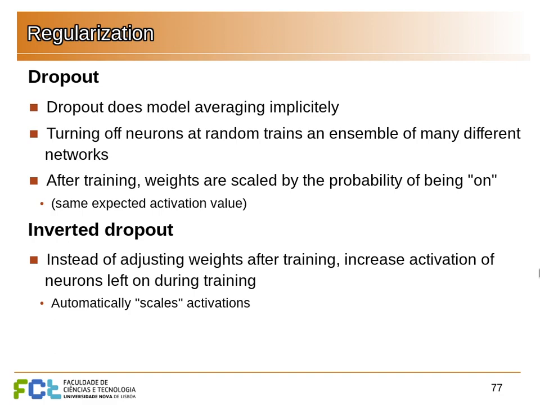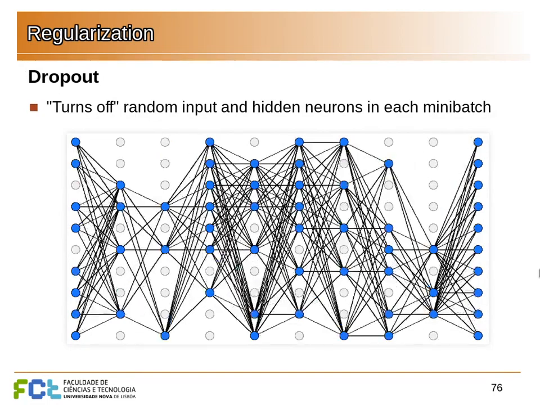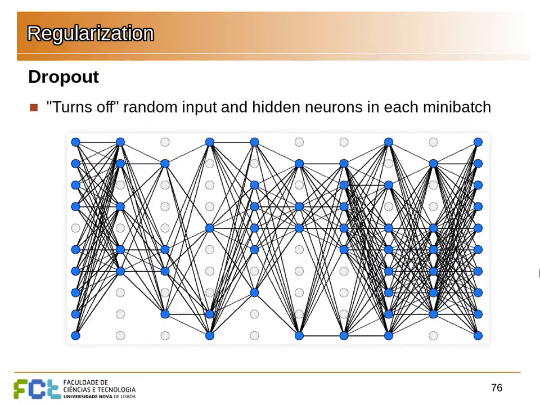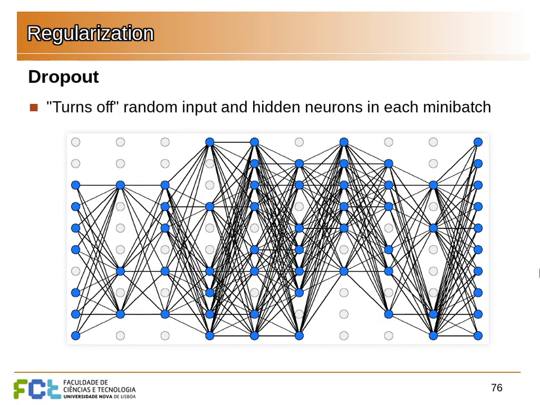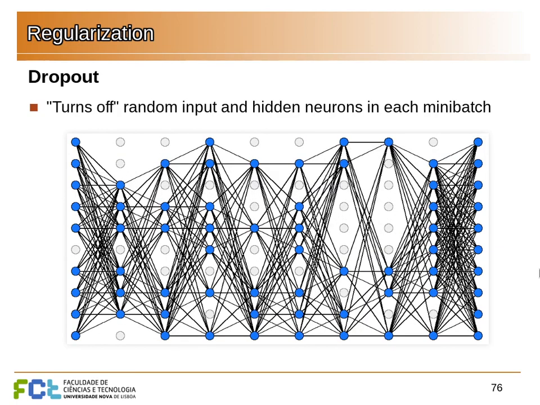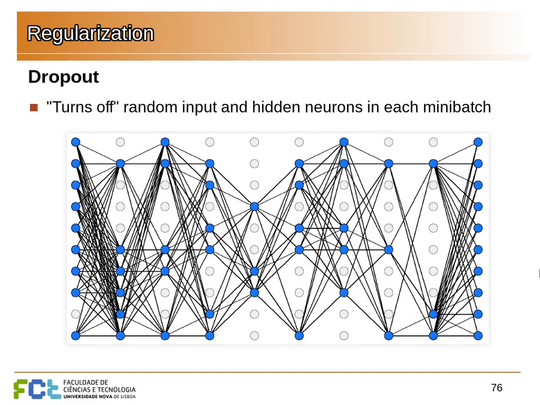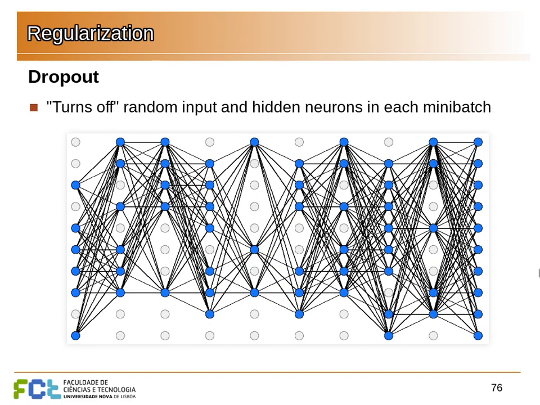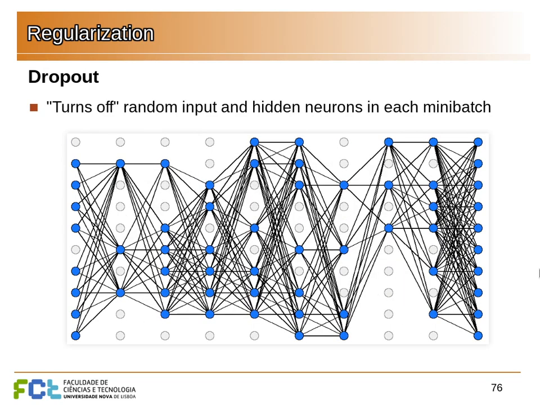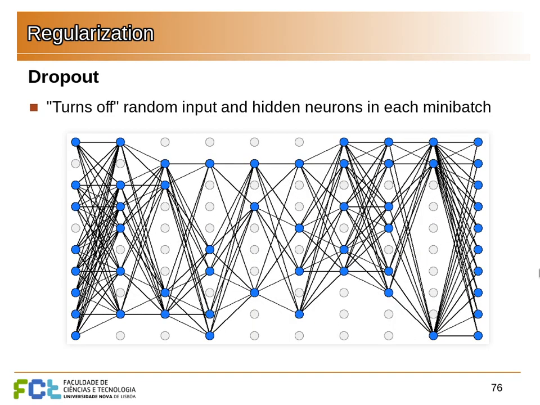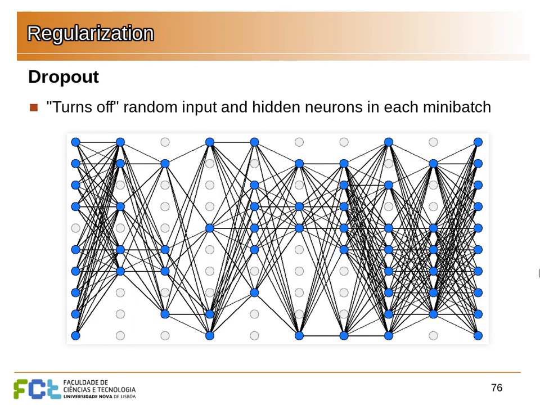So effectively what you're doing is you are training different networks during the training of your networks, because depending on the neurons that at random are dropped out in each particular batch, you have a different architecture of the network. And as you do this many times, your whole network works like an ensemble of different networks and learns things in a way that is robust to these particular differences.